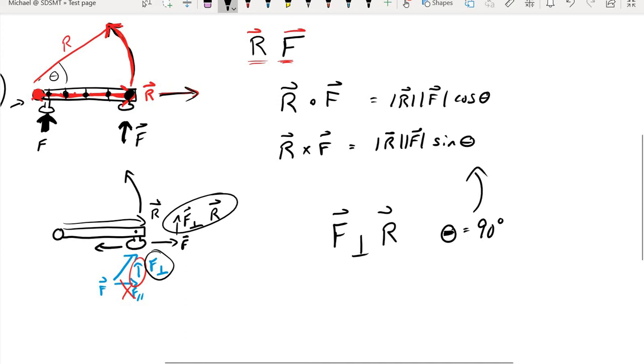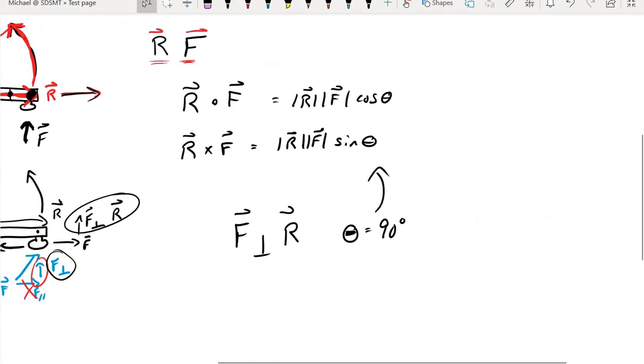So plugging 90 into both of these vector multiplication examples here, if we try using the dot product, cosine of 90 is 0, and so we don't get anything.